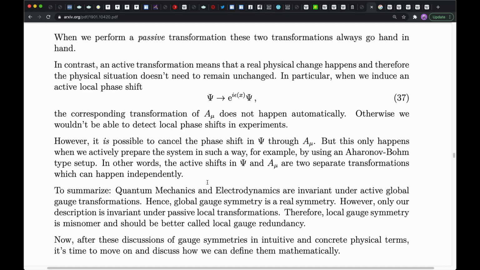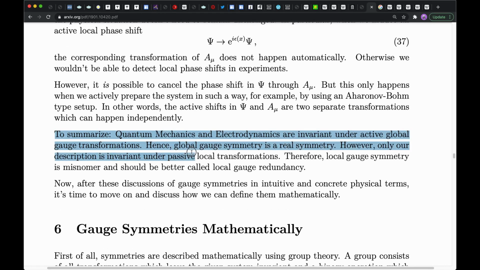So basically it means, and probably he will summarize it here, that quantum mechanics and electrodynamics are invariant under active global gauge transformations, and hence global gauge symmetry is a real symmetry. However, only our description is invariant under passive local transformations.